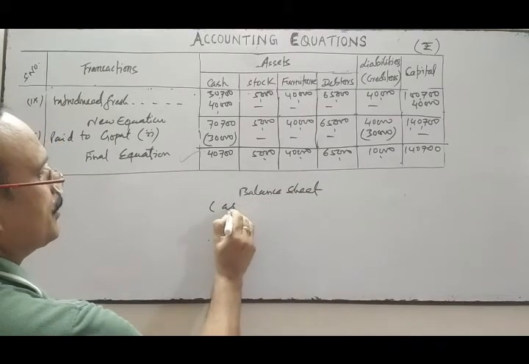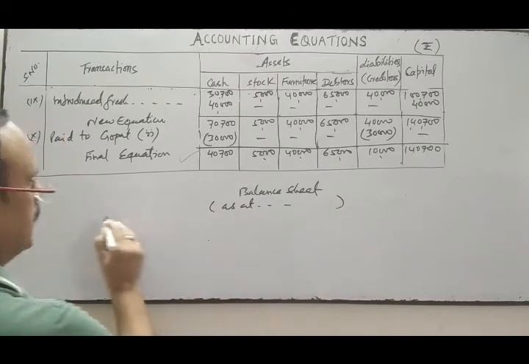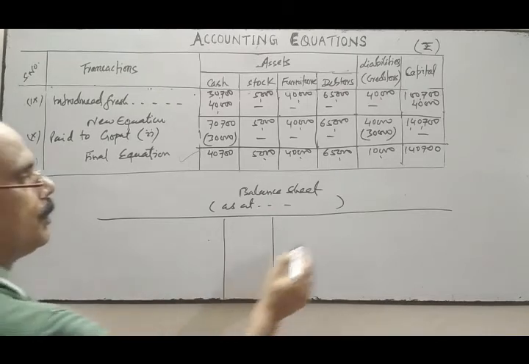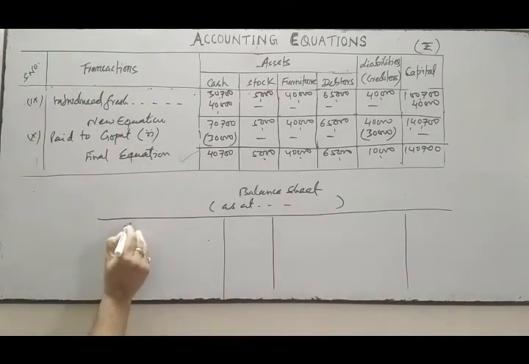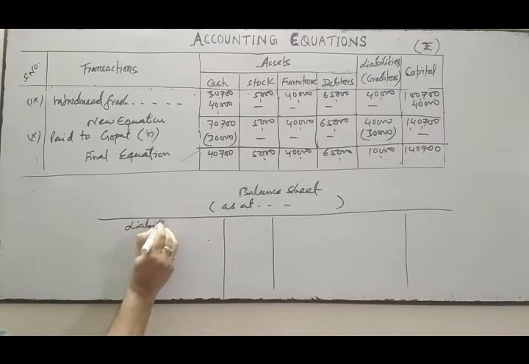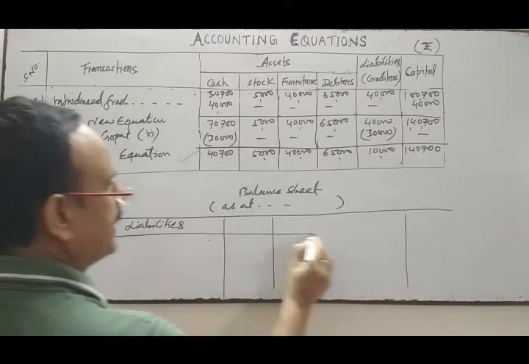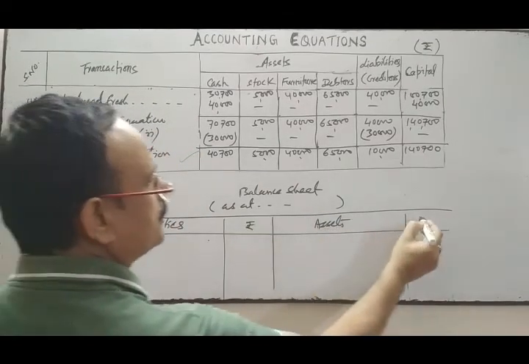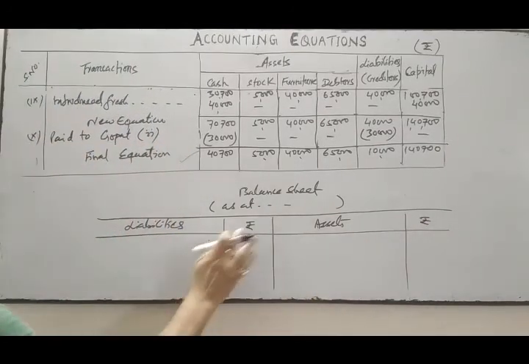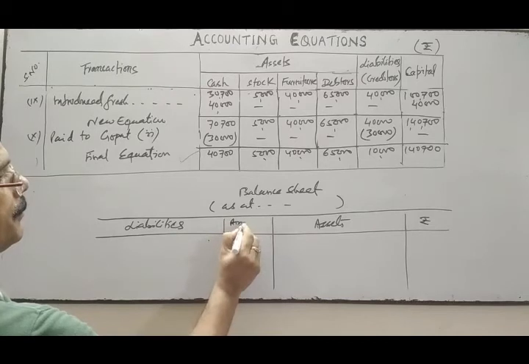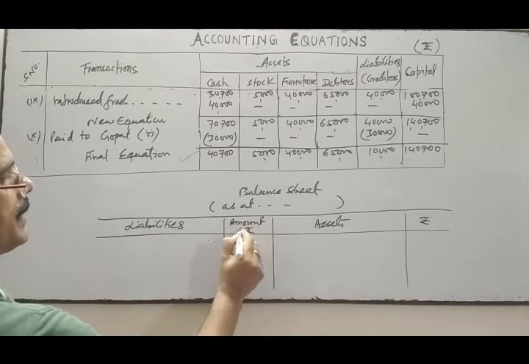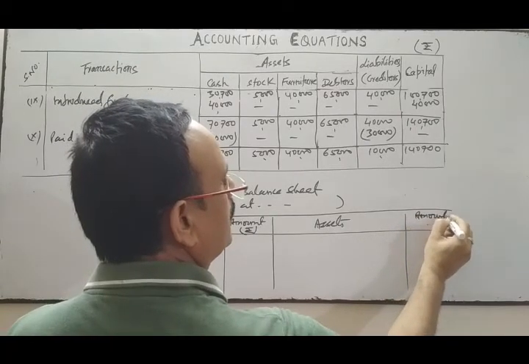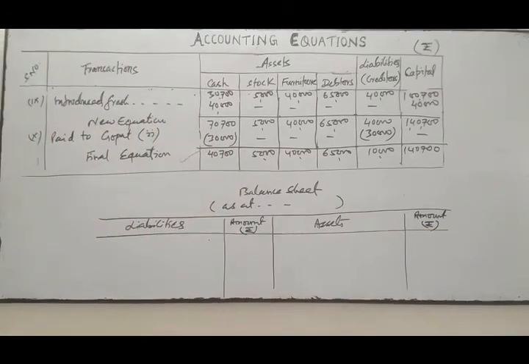As we know, the balance sheet is prepared on a particular date, but as the date is not given, I have not written the date over here. Your left hand side is your liabilities, meaning capital plus liabilities, and the right hand side is your assets, with amounts in rupees.